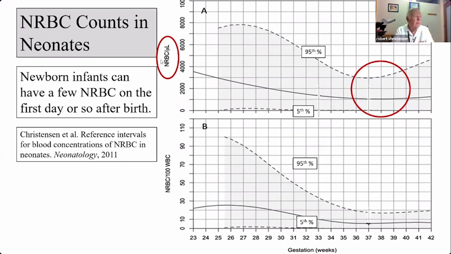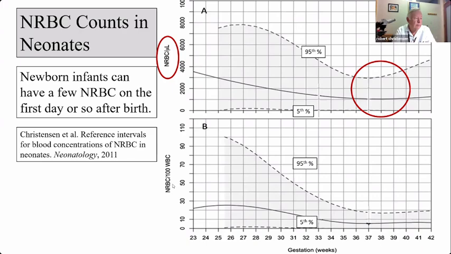And looking at the upper panel first, you see that the 5th percentile drags right along 0. So here we have babies that are 36 weeks to 40 weeks, and it is perfectly normal for them to have none. And that is seen in a great percentage of cases. The average is about 1,000 per microliter. The upper reference interval is somewhere around 3,000 per microliter. Above 3,000 per microliter is elevated.